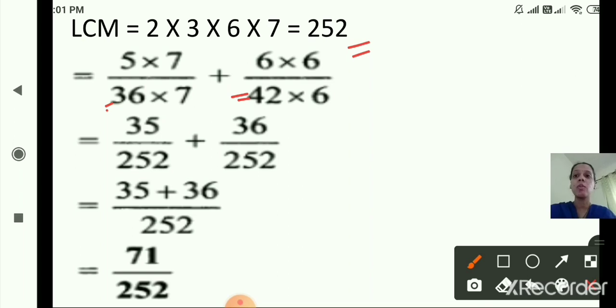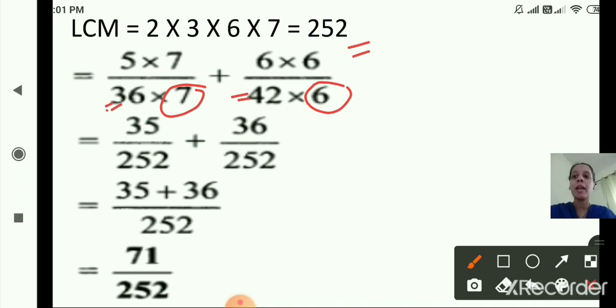We want 252 in the denominator. 36 multiplied by which number will give 252? 36 multiplied by 7. And 42 multiplied by which number gives 252? 42 multiplied by 6, right? So 36 multiplied by 7 we get 252, and 42 multiplied by 6 we get 252.